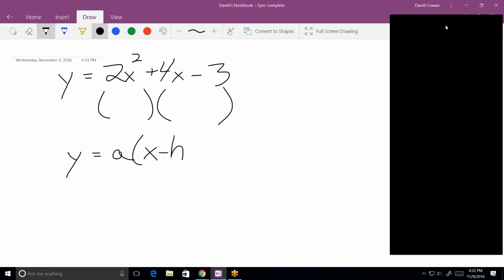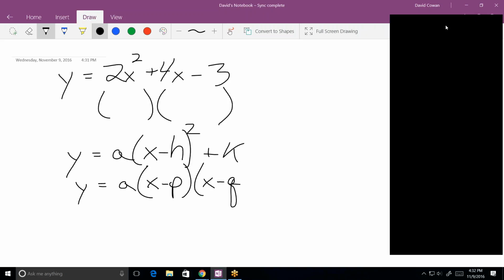This is Vertex Format, where H and K are the vertex. You also have X-intercept format, where P and Q are the x-intercepts. We don't know the vertex, but we know the x-intercepts.